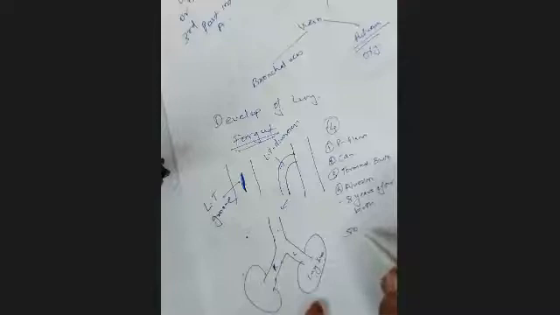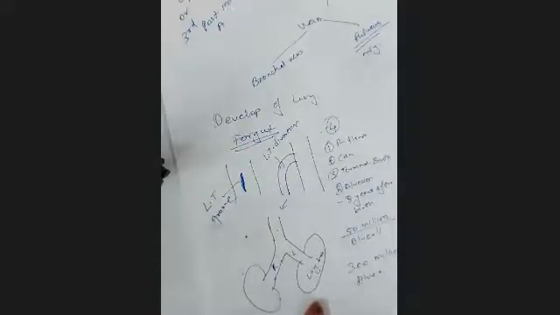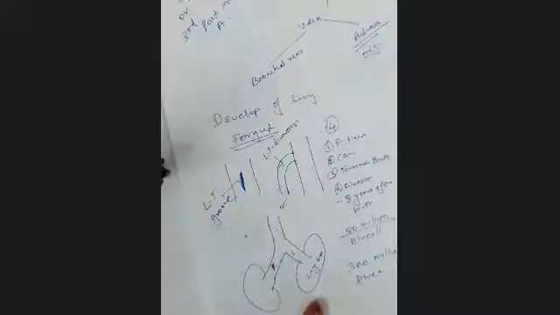That means the lung at birth has only 50 million alveoli, and after 8 years, in adults, there are 300 million alveoli. That means the development of the lungs continues after birth also.